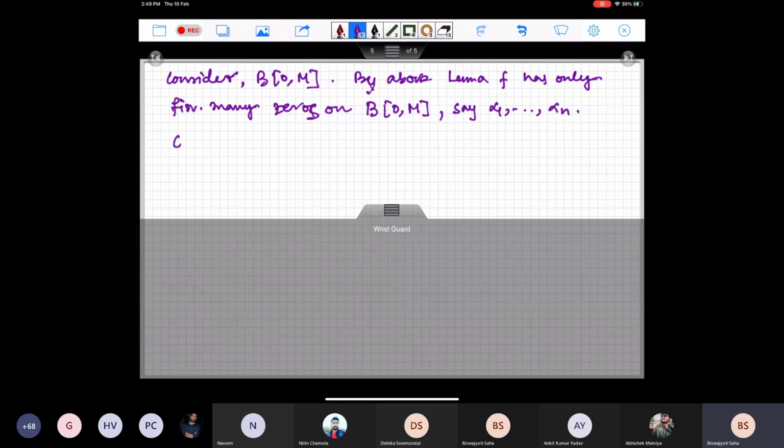Okay, so now consider a new function g of z. G of z is what? f of z divided by (z minus alpha 1), and so on and so forth, up to (z minus alpha n).